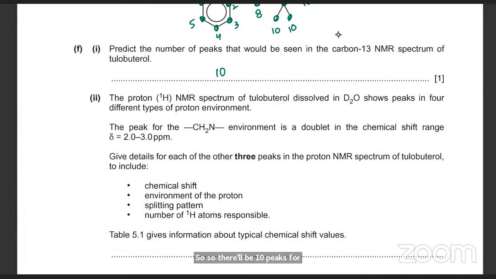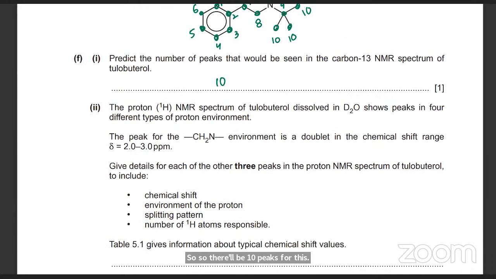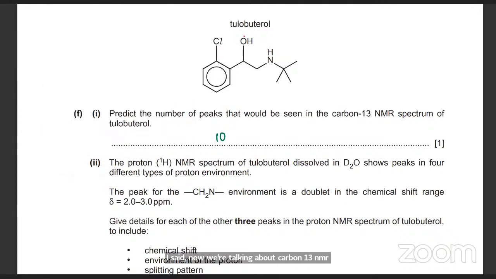Achha, then proton NMR spectrum: give details. This molecule is dissolved in D2O and shows peaks in 4 different types of environment. So let's remove this. Now we're talking about carbon-13 NMR, not hydrogen NMR, sorry. So the benzene H's will resonate together.